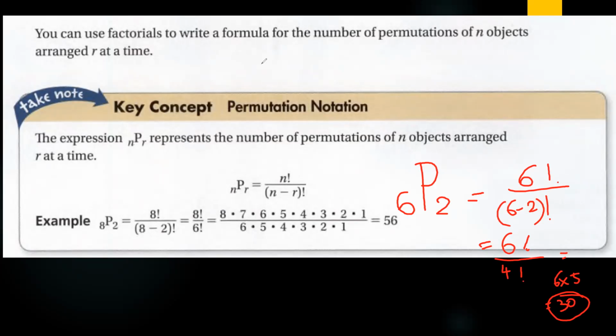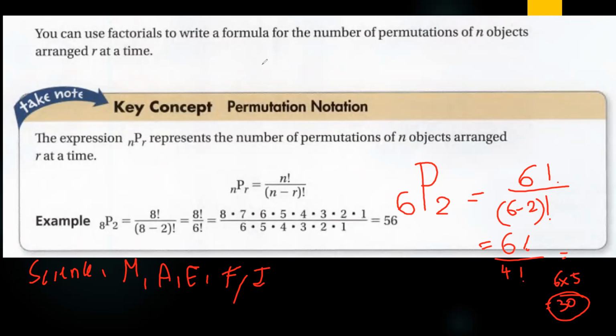Now, one of you asked me, teacher, what does this 30 mean? This 30 means that you have 6 books: science, math, Arabic, English, French, and Islamic.